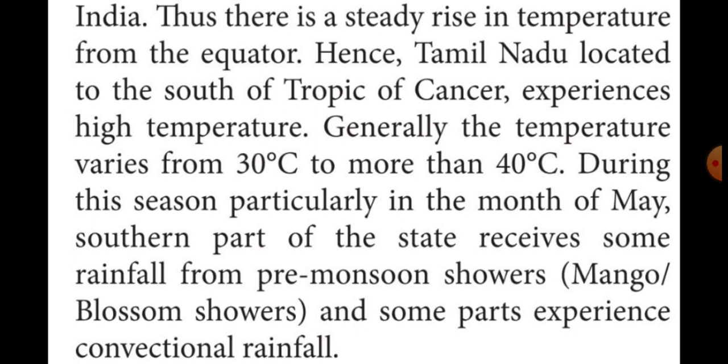Listen very carefully, students. It results in the sun rays falling vertically in South India. Tamil Nadu is located in the southern part of India. So Tamil Nadu experiences very high temperature during this period.